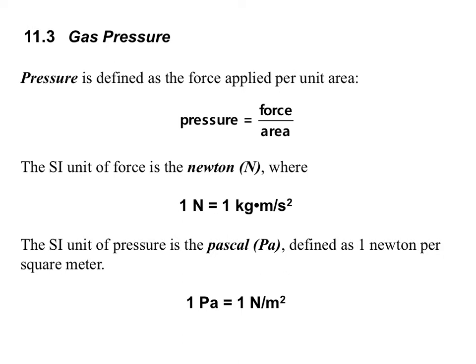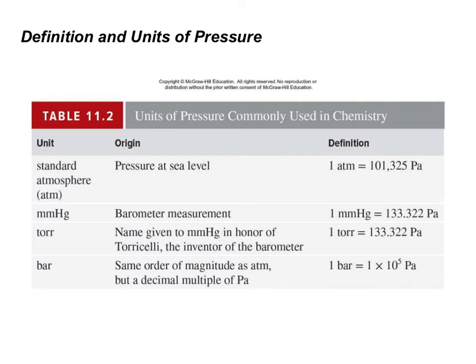However, there are a bunch of other units of pressure that are not quite SI units but have their place in science. We have the standard atmosphere, atm, which is usually the pressure at sea level, where 1 atmosphere is 101,325 pascals. We have the millimeters of mercury, which was used in barometer measurements, where 1 millimeter of mercury is 133.322 pascals.